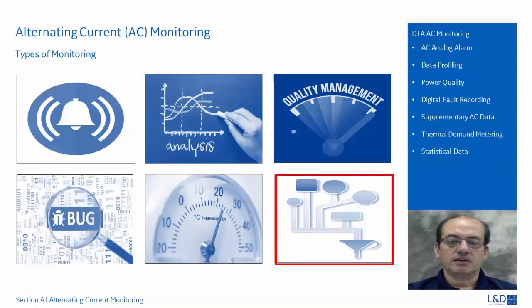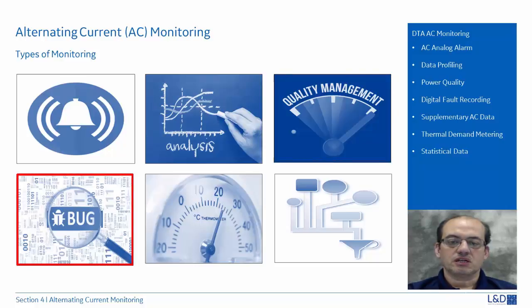Data profiling data translation application, and power quality data translation application. The digital fault recording application, the supplementary AC data application, thermal demand metering application, and last is the statistical data application.